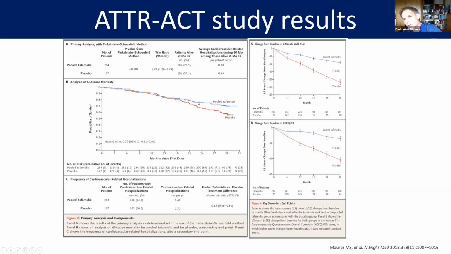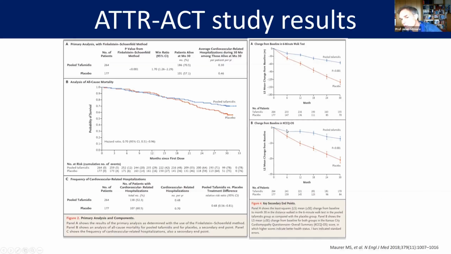But what this trial shows, to summarize really, is a slowing of disease progression. So what you can see here, these curves show that patients on the placebo, in terms of their 6-minute walk test, declined at this rate on average, whereas in patients on Tafamidis, it did actually continue to decline, I'm afraid, but it declined much more slowly, or significantly more slowly, I should say, than in patients on the placebo.